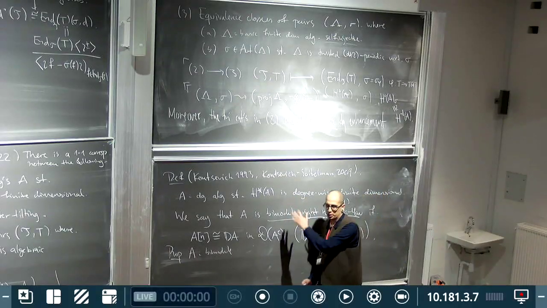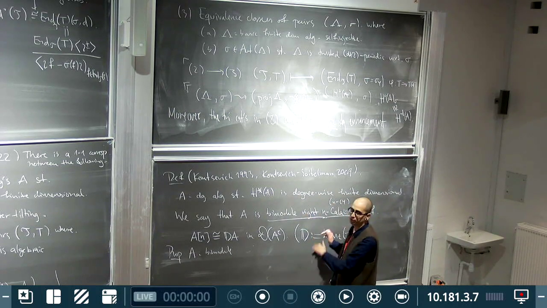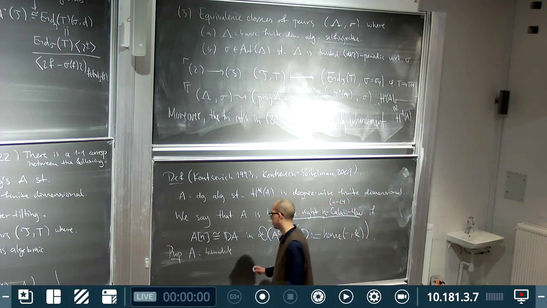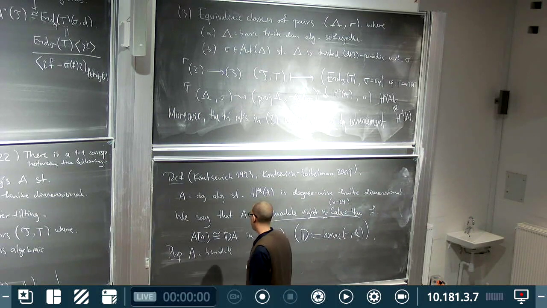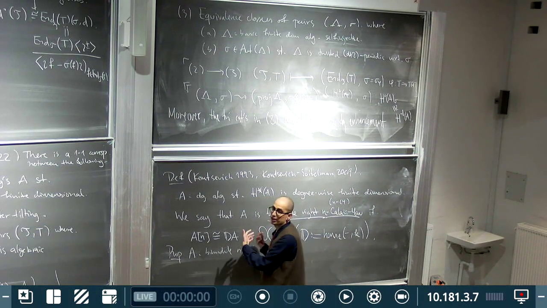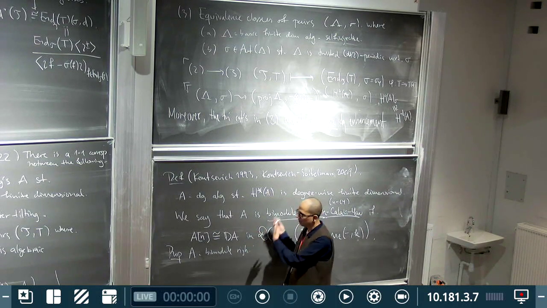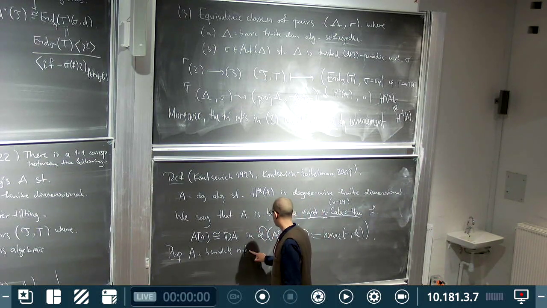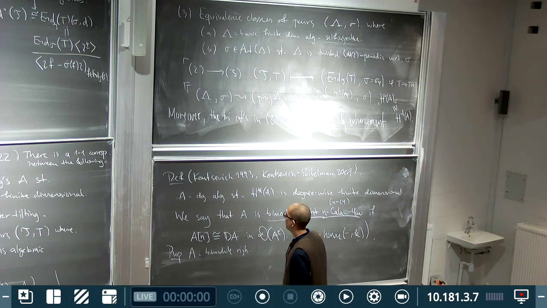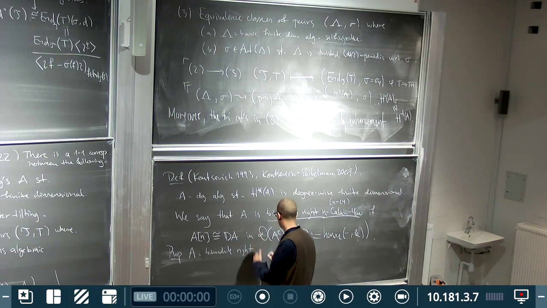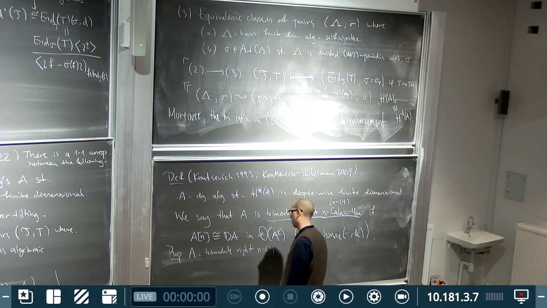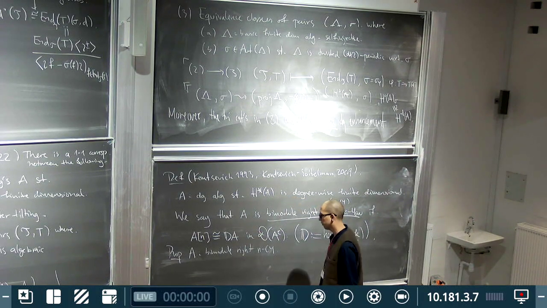I say bimodule instead, but there is a refinement of this definition that will not appear in this lecture series. There is right, and there is left. I will not explain what left Calabi-Yau is, but this is a notion for homologically smooth DG algebras.